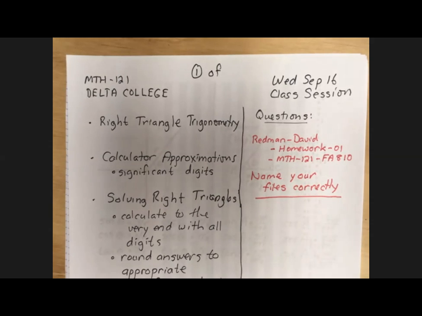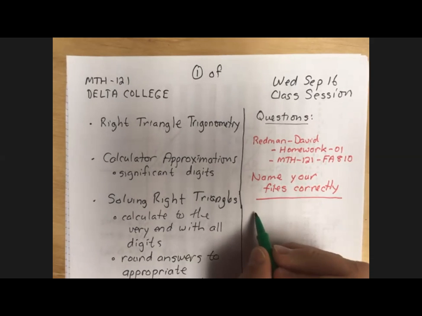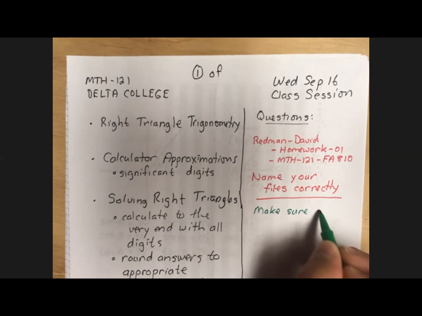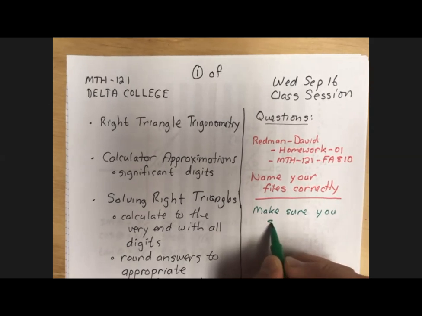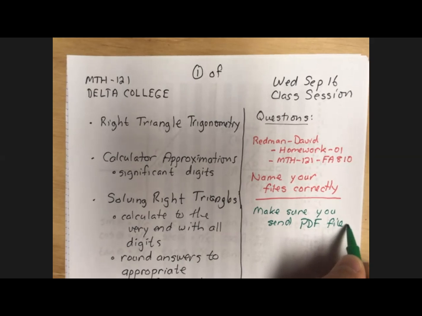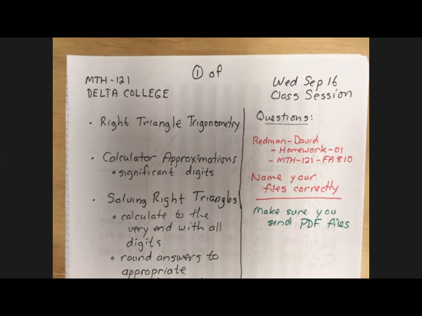Second item that I observed. Make sure you send me PDF files. Now, it's okay to snap a casual picture. And in fact, you can snap a picture and then turn it into a PDF file.